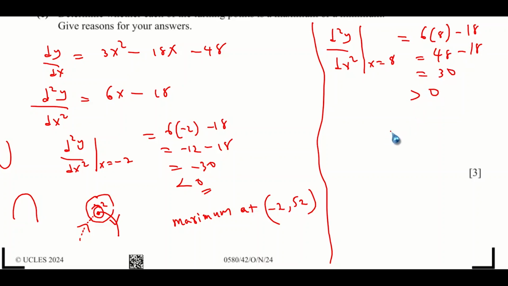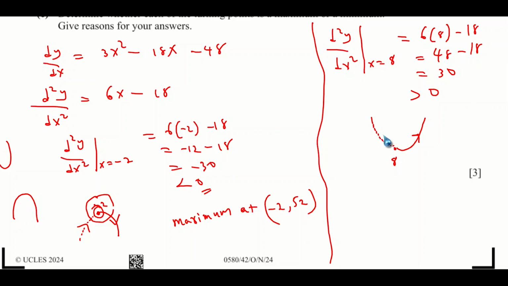So the implication is that at this point 8, okay, let's say this is the point on the curve 8. After the turning point, it increases. That's the meaning of greater than 0. So the implication is that before the point, it was decreasing.